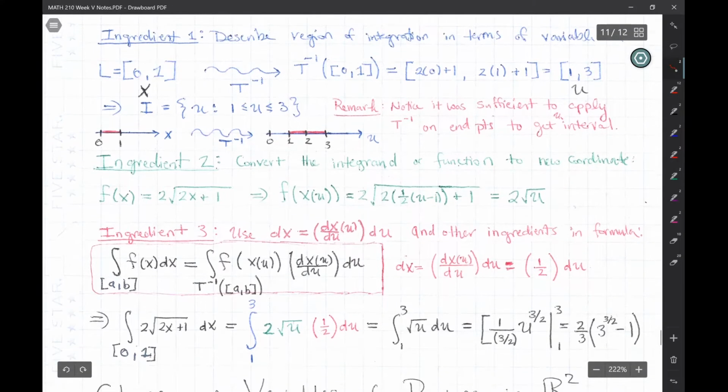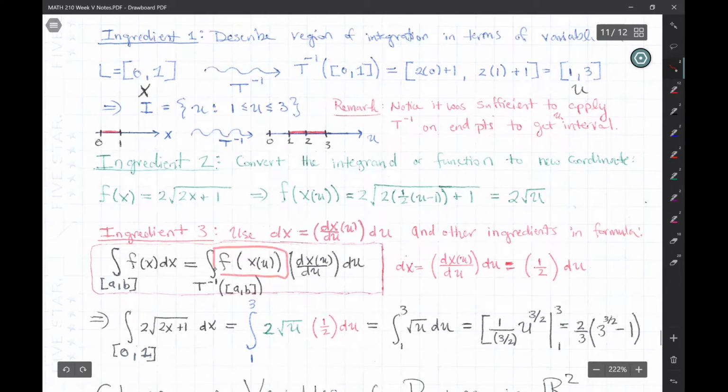And now we're going to use the formula that you see here to compute our integral in our new coordinate u. This formula is telling you that if you have an integral over the interval ab and you want to convert to an integral using the new coordinate u, apply the inverse transformation to the original interval, which is what we've done above.